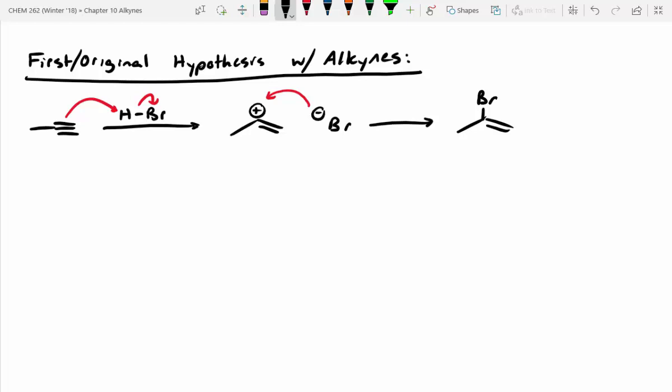The problem is this isn't the true mechanism, and I'll show you why. The vinylic carbocation, meaning a carbocation off of an alkene, is not observed.